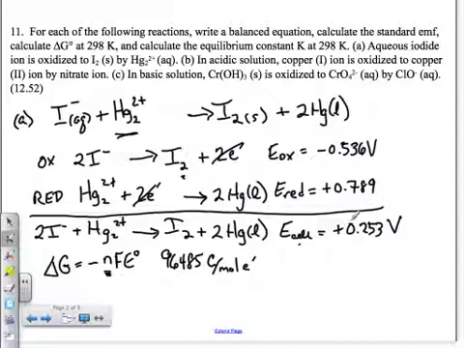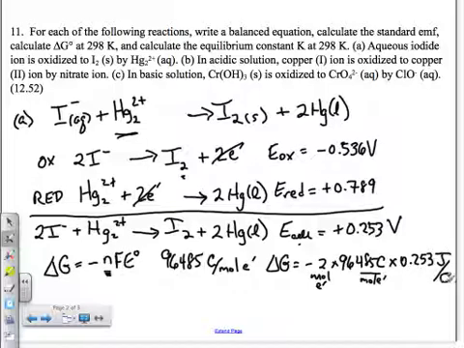We are going to show you how volts turns into joules for delta G. Delta G for this reaction is equal to minus 2 moles of electrons times 96,485 coulombs per mole of electrons times 0.253 joules per coulomb. That's what a volt is. The coulombs cancel, the moles of electrons cancel, and I end up with joules.